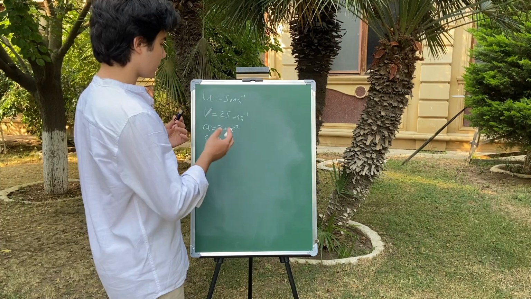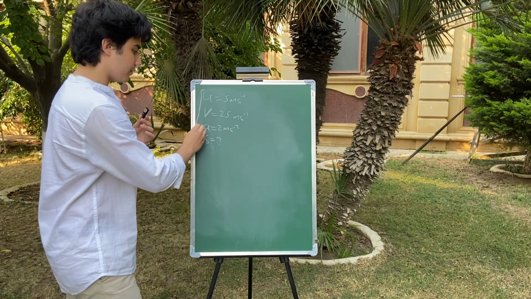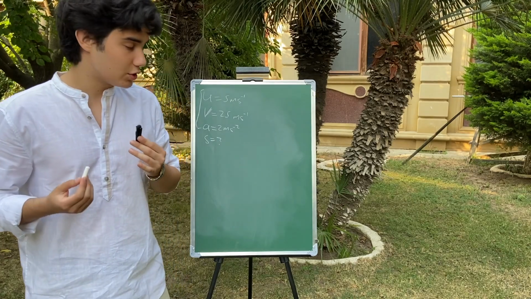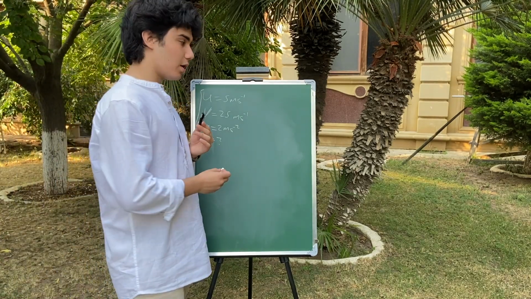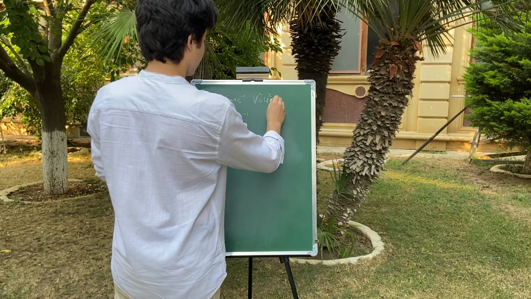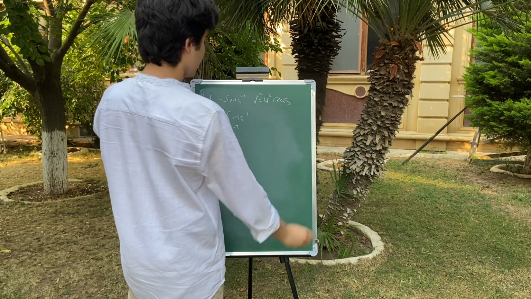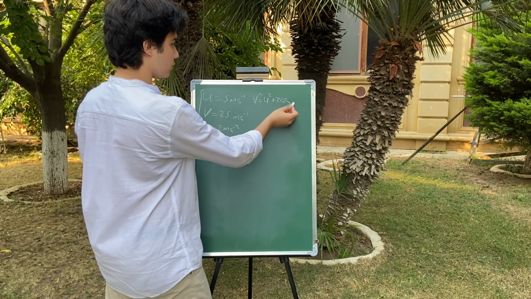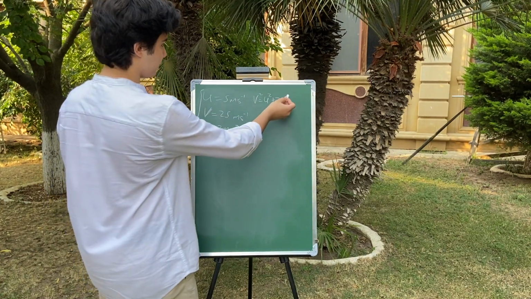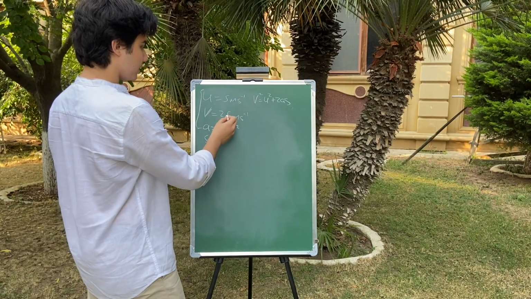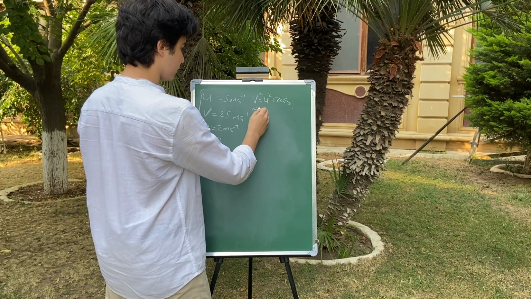So let's go ahead. You're given these three, and now you have to think which formula you should use in this situation. I'd go for the one where v squared is equal to u squared plus 2as, because it has three of my givens and it has one of my not givens. So we're just trying to find the s here. Let's plug this in. 25 squared is going to be 625.